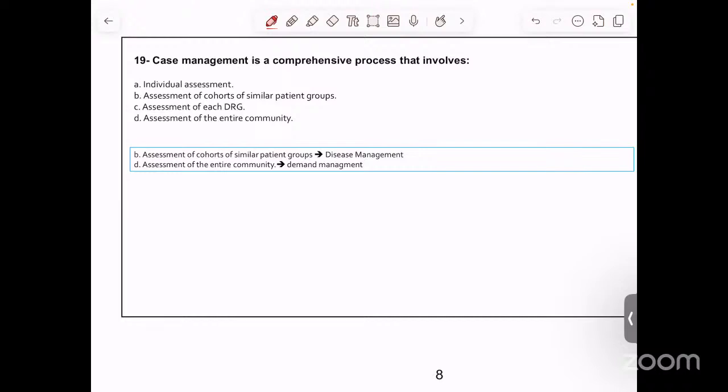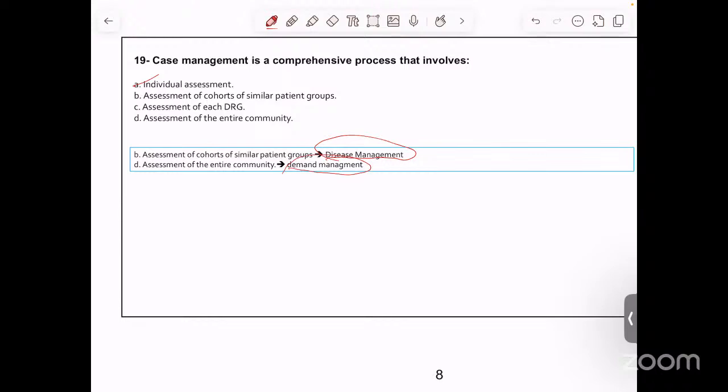On individual assessment. Because assessment of cohorts of similar patients is related to disease management, while for letter D, assessment of the entire community is about demand management.